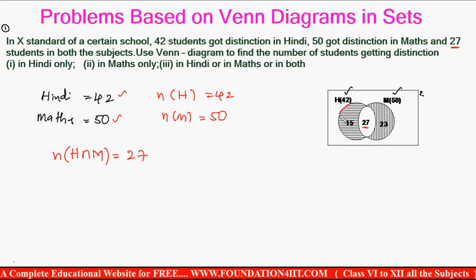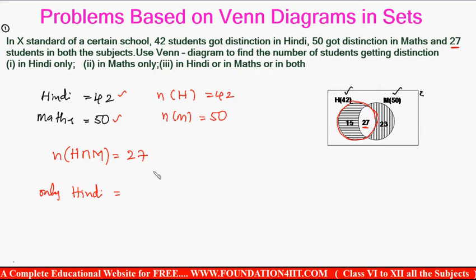These are the cases. Now based on this we can represent this, and 27 is the common place. If you observe, this entire circle must be the students who got distinction in this except the M circle. So remaining is only Hindi. Now to find out only in Hindi got distinction, we should subtract the common part from the entire one.